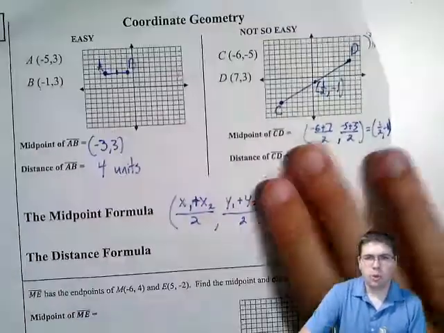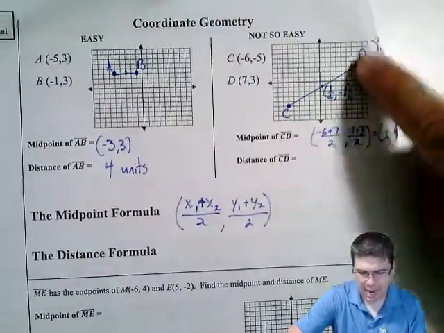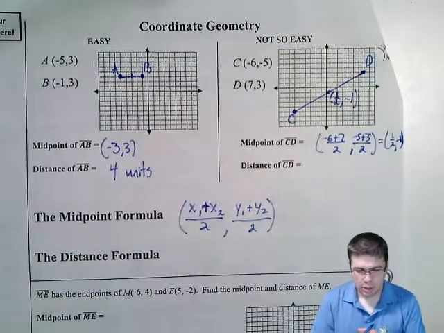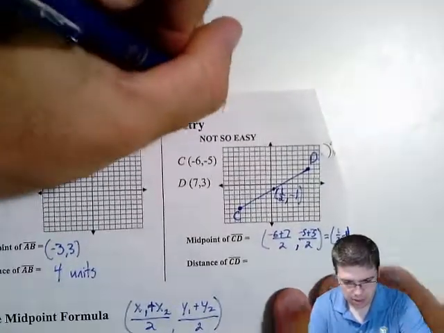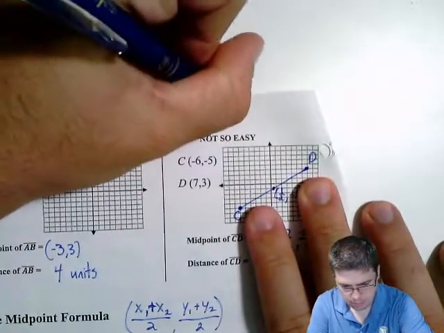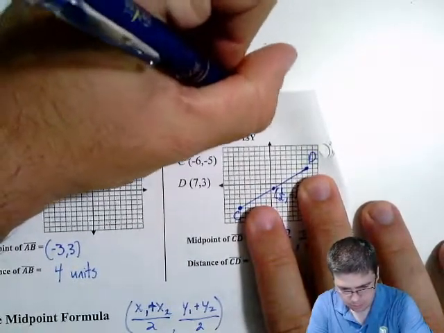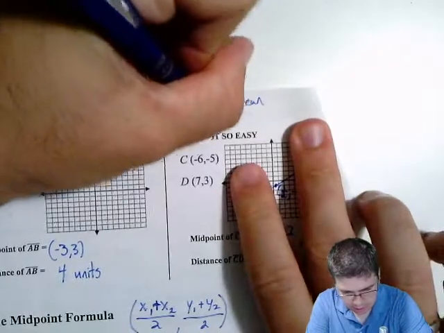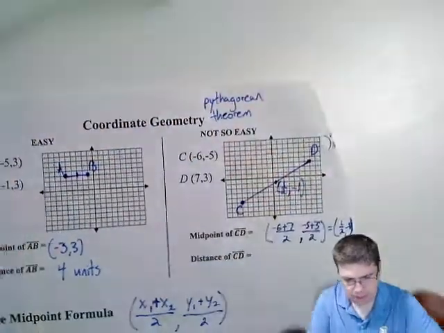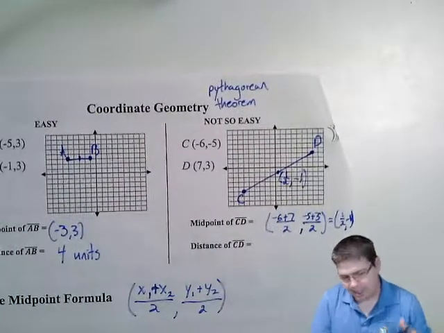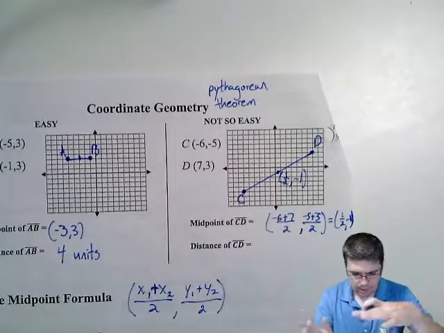All right. So then the full distance, that diagonal distance, we want to actually tap into something that hopefully you already know, and that is the Pythagorean theorem. All right, because we've got this diagonal distance in this kind of rectangular plane.